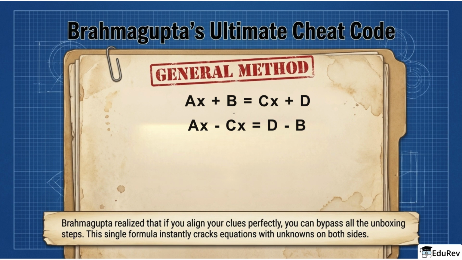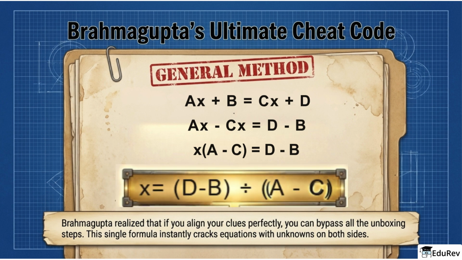Taking x common, we get x(a minus c) equals d minus b. So finally, we have a fast shortcut. x equals (d minus b) divided by (a minus c) for equations of the form ax plus b equals cx plus d. This is a powerful trick because it helps solve equations with variables on both sides quickly.